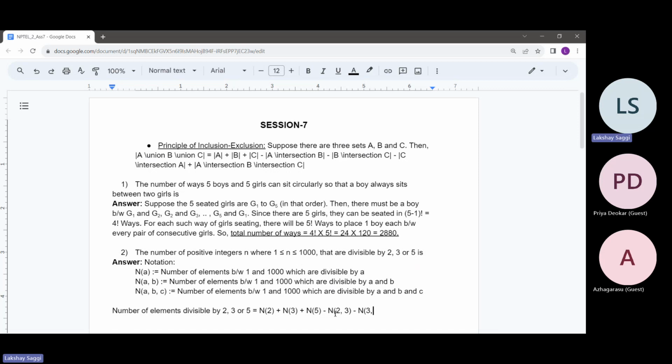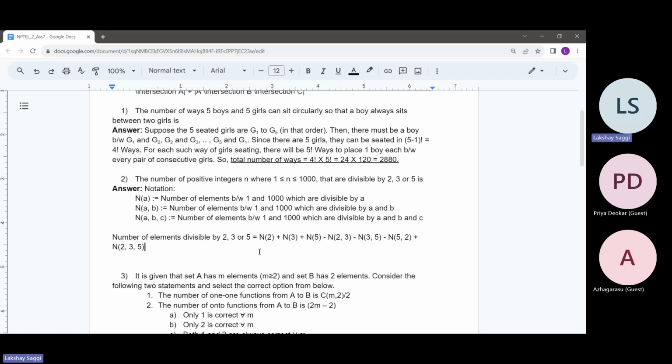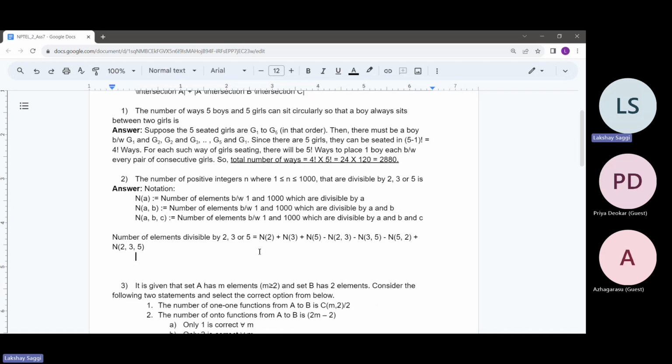Similarly, n of 3 comma 5 and n of 5 comma 2. And the A intersection B intersection C term will be n of 2 comma 3 comma 5. I hope it's clear to everyone what I'm trying to do here.